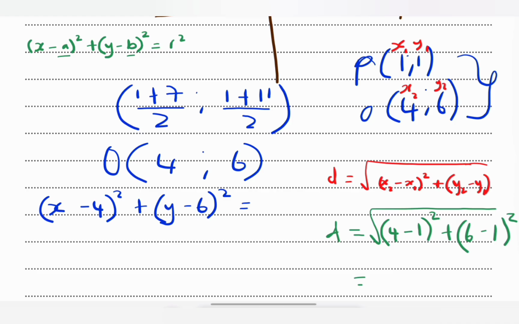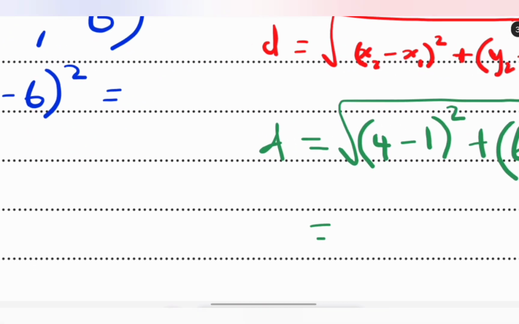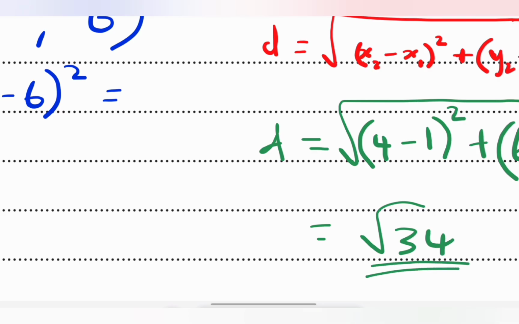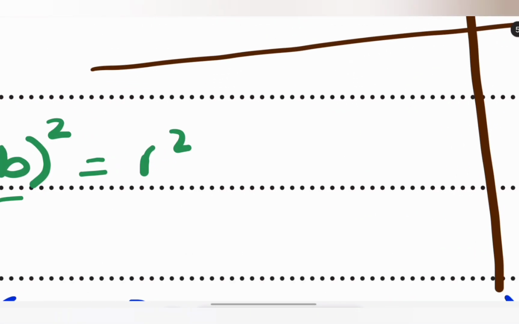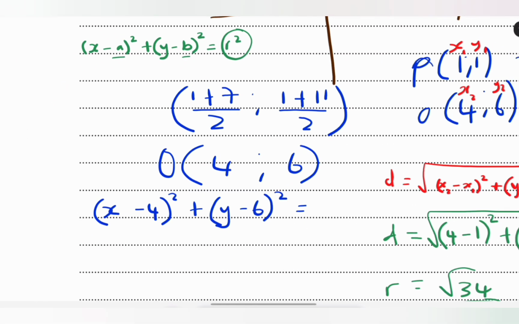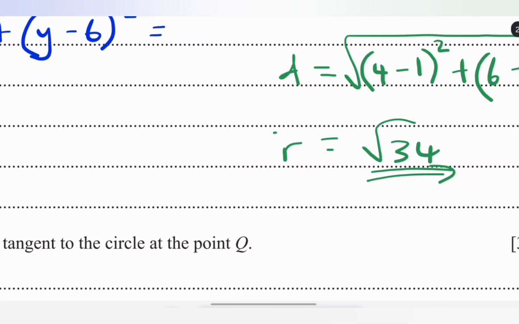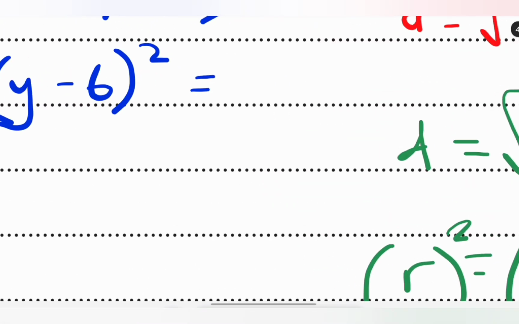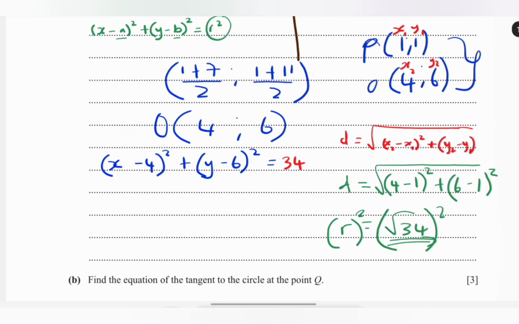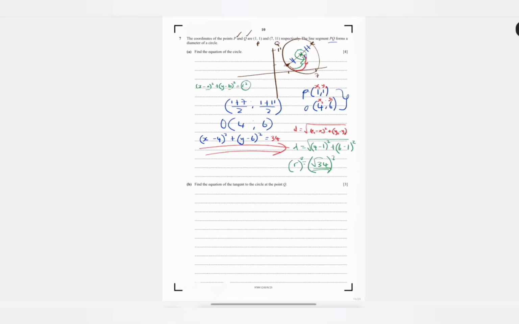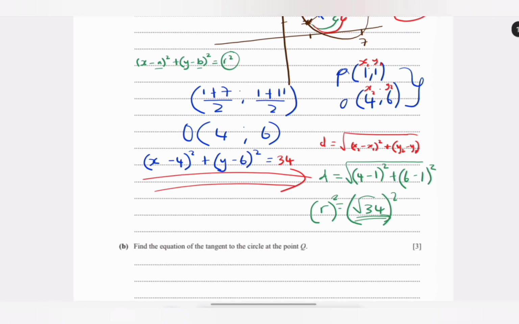So root of 9 plus 25, that's 34, root 34. And this is our radius. But if we get back to this, we want r squared. So if our radius is root 34, r squared is that squared, which is 34, and this will be it. And this will be our final answer for the 4 marks.